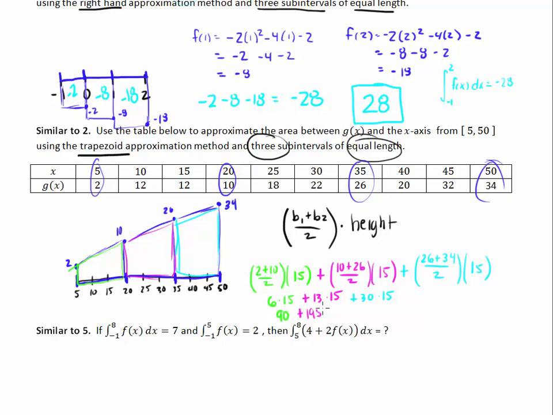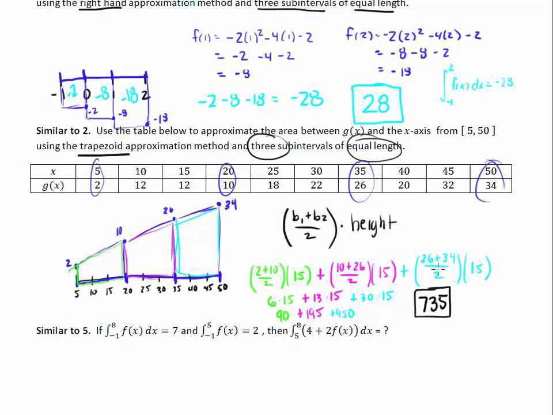Ain't nobody got time for that. 30 times 15 is 450. Add them all together, and you get a big number. 735. Ding, ding, ding. There is our approximation.